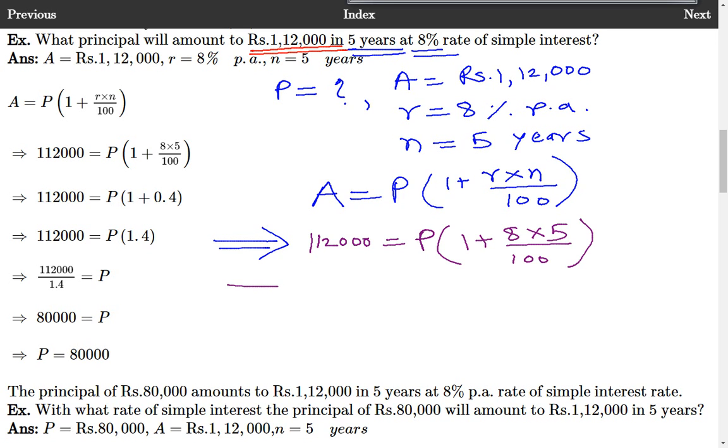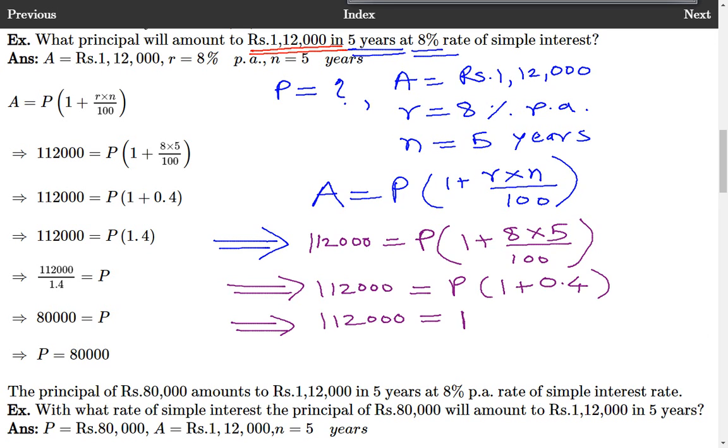After simplification, you can easily observe that you will get 1,12,000 equals P into (1 plus 8 into 5 is 40, 40 upon 100 is 0.4). So 1,12,000 is equal to P into, there is nothing here, means there is multiplication, that you note.